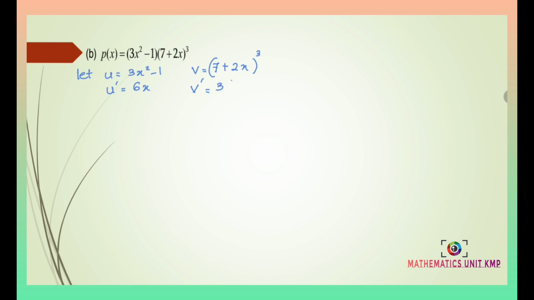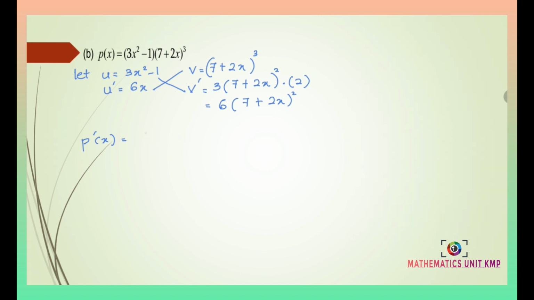So the answer is 3(7 plus 2x) power 2 times 2. Then the final answer for v prime is 6(7 plus 2x) power 2. After that, we substitute into the product rule. Then we write p prime x equal uv' plus vu'.